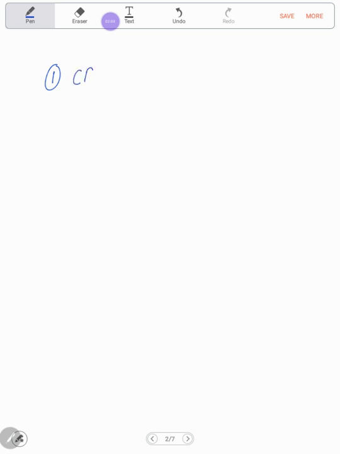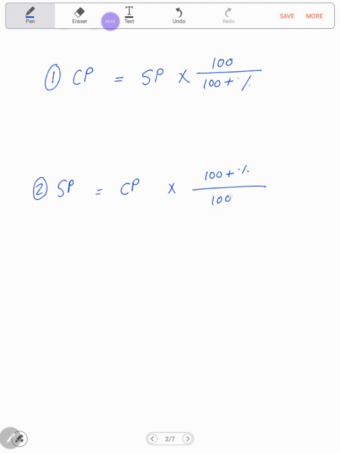In order to work out your cost price, it equals your selling price times 100 over 100 plus your markup percentage that they give you. In order to work out your selling price, it equals the cost price times 100 plus your markup percentage given over 100.